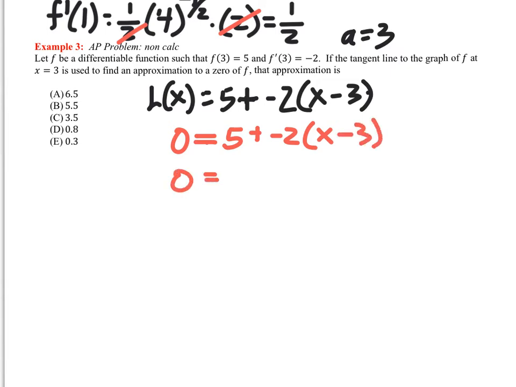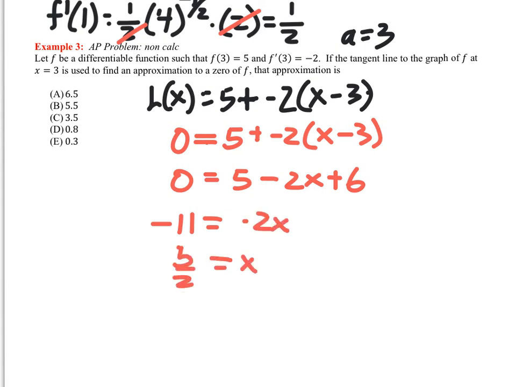So we want 5 minus 2x plus 6. So it looks like negative 11 equals negative 2x. So x would equal, looks like 5/2. Wow, good math. Try 11 halves, which would come out to be 5.5. All right, there we go. B again.